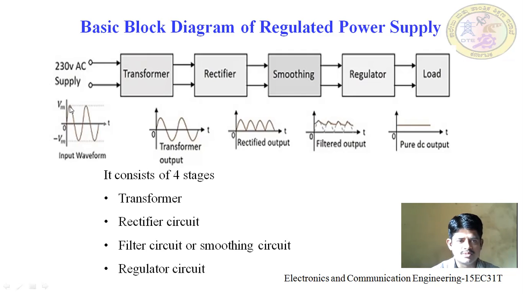You can observe here it is positive, then negative, once again positive and negative. So it is alternatively changing its direction. This kind of current we call alternating current. DC means it has only one direction. It may be positive or negative, but it will stay in only one direction. That kind of current we call direct current or DC. So this is the main 230 volt AC supply we have.